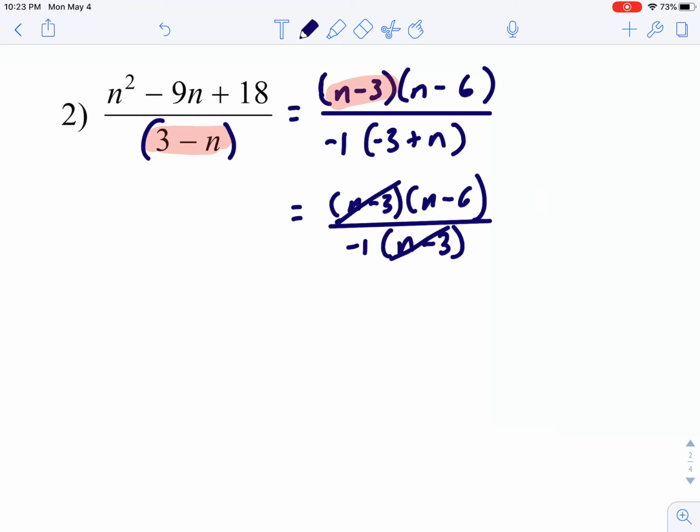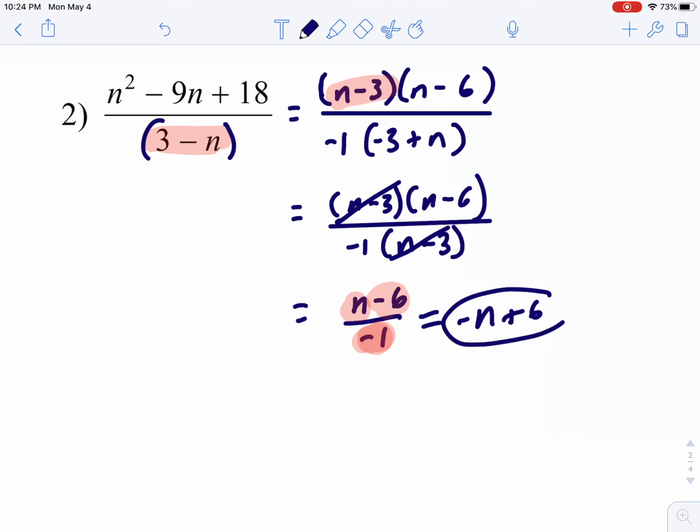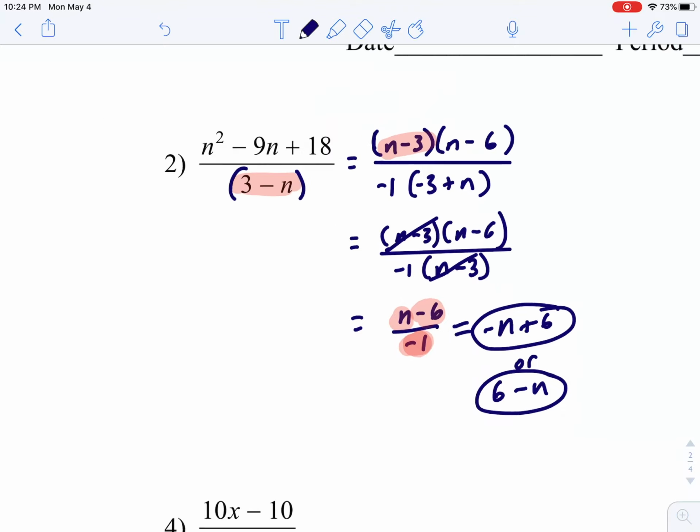And now you're allowed to cancel those out, and you get n minus 6 over -1. And this is a simple division problem. n divided by -1 is -n, and -6 divided by -1 is +6. That's the answer. Or alternatively, you could invert it and call the answer 6 minus n.